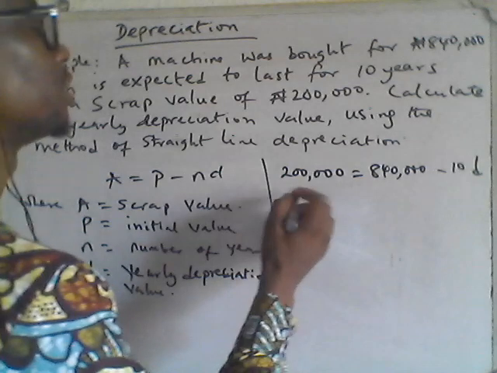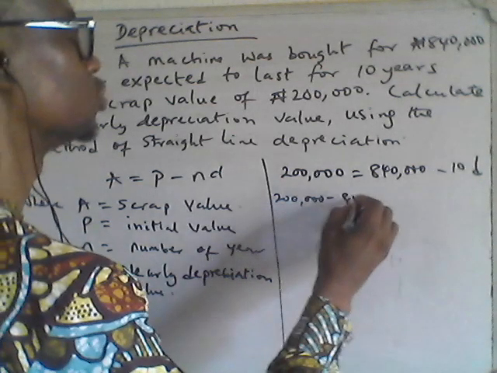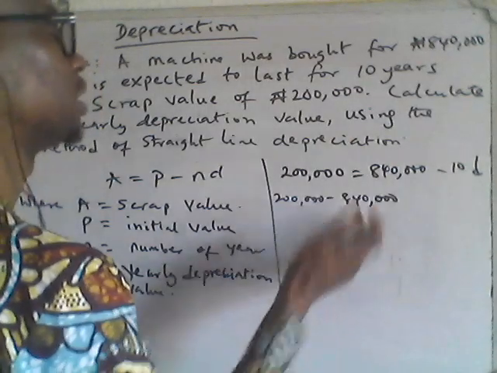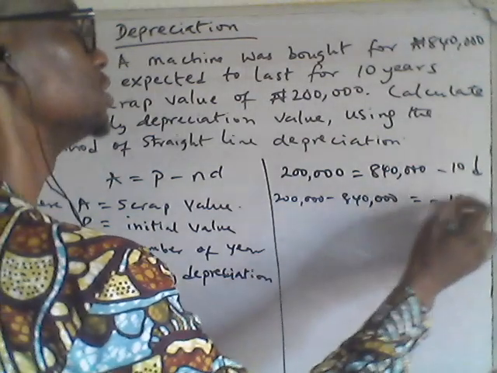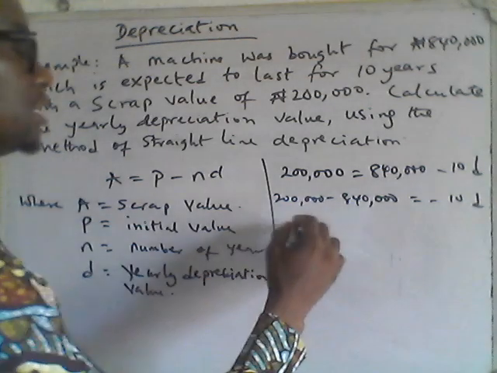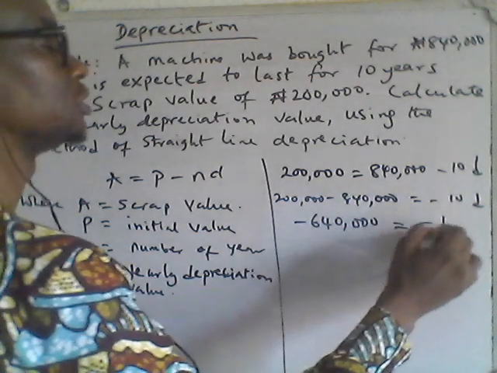So I have 200,000 minus 840,000. This one crosses over and becomes minus 10D, right? If I do the maths this way, I'll have negative 640,000 minus 10D.